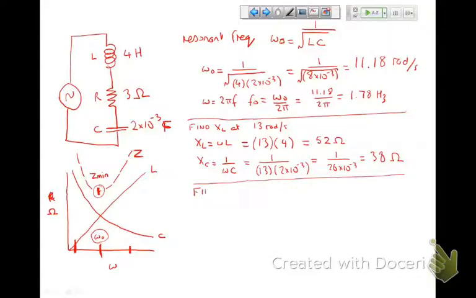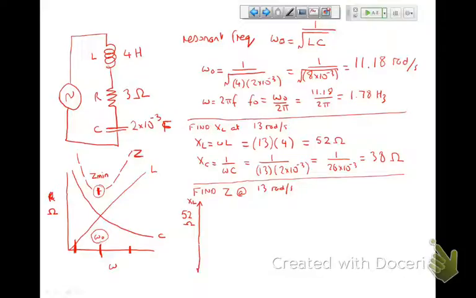Next, find Z at 13 radians per second. So here in my diagram, I need 52 ohms because that's my XL.